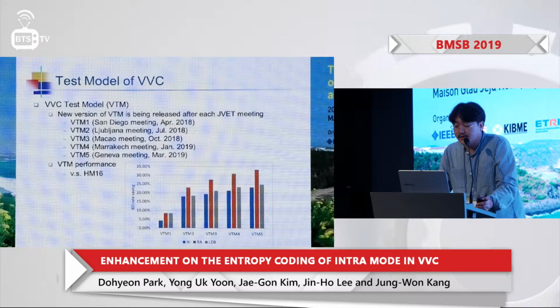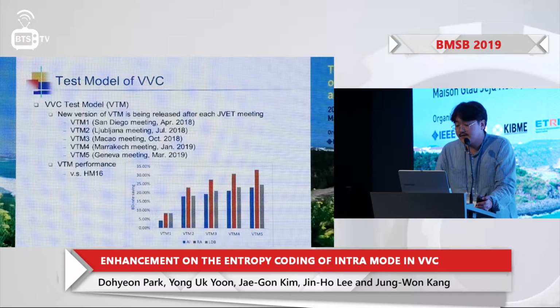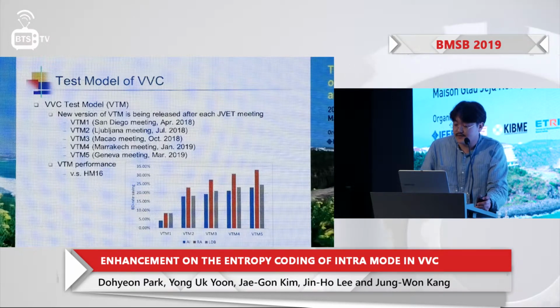Performance of VTM 1 is about 4% bit rate saving in the all Intra configuration. Since VTM 1 is the starting point based on the cleanup version of HEVC, it is remarkably lower than other versions.